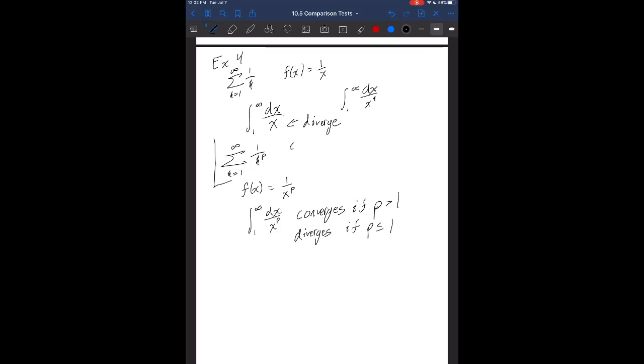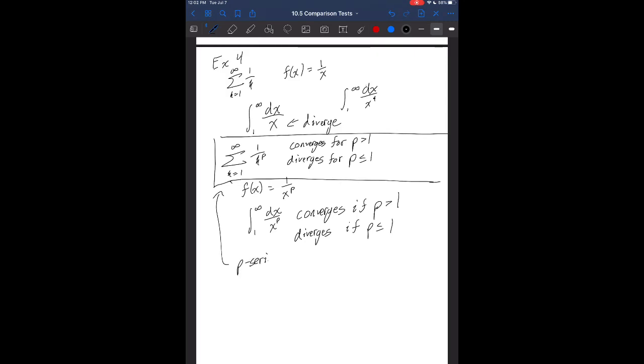And that ends up being true in this case because of my integral test. So this sum right here converges for p greater than 1 and diverges for p less than or equal to 1.